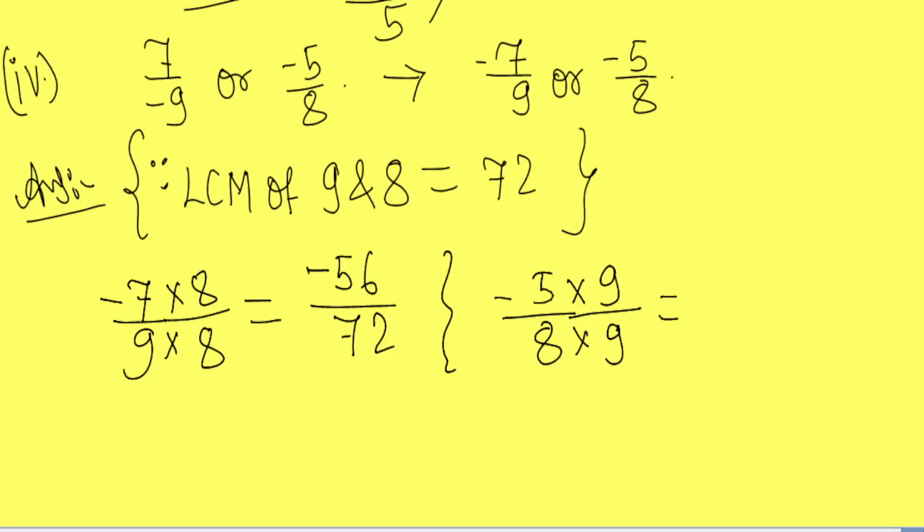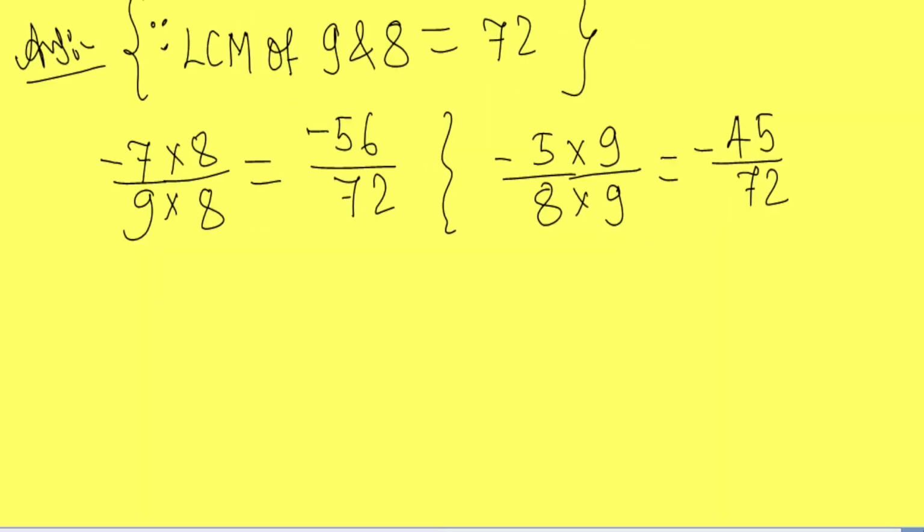So in the numerator the product will be -45 upon 72 in the denominator. Now we can clearly see that both rational numbers have come in a form where the denominator is the same, 72.